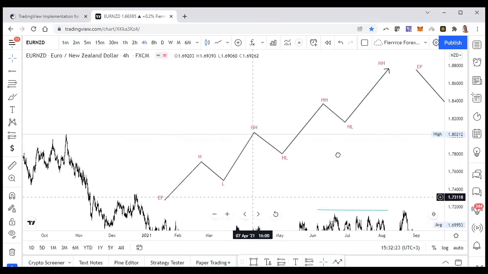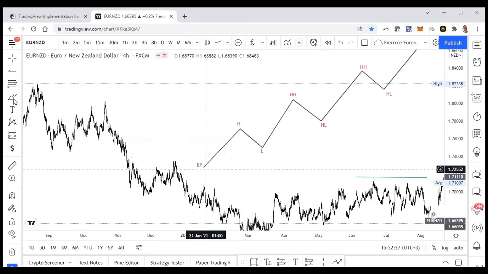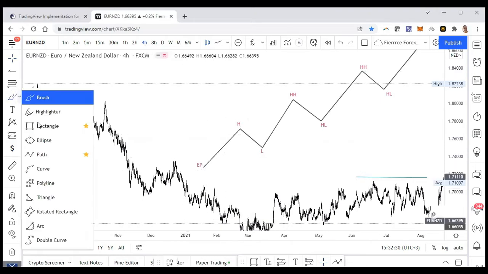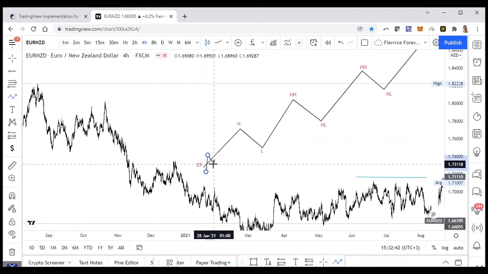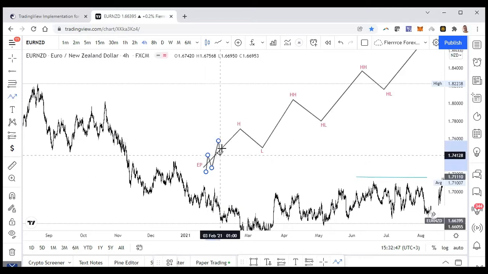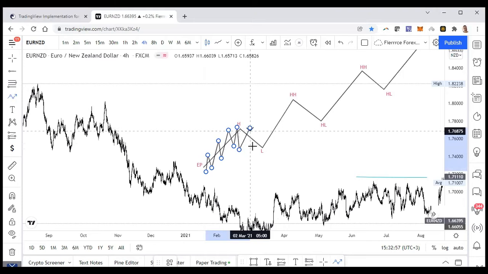On a lower time frame, if I was to zoom into a lower time frame, I would probably be seeing another uptrend, pushing up, then pushing down, not quite taking out this low, maybe pushing up, taking out that, like that, and maybe even sometimes we could push lower here, and then like that.